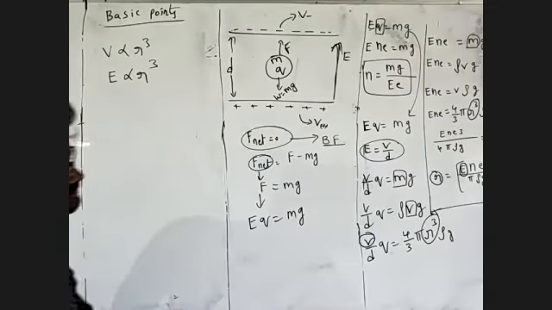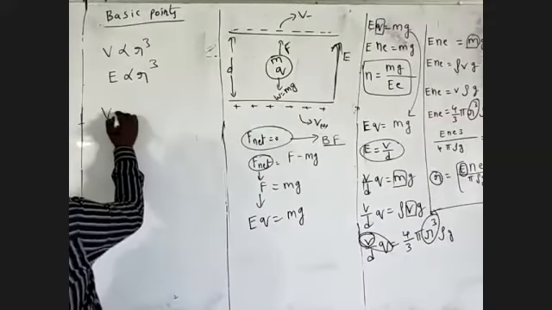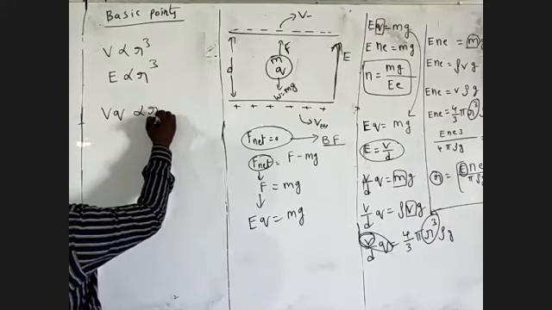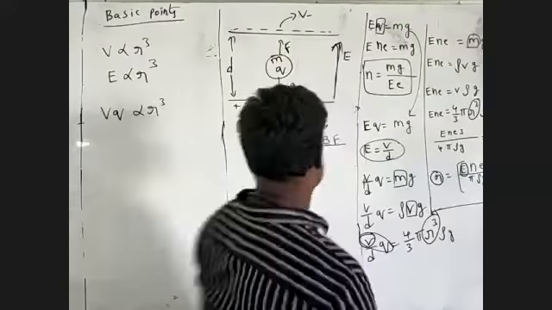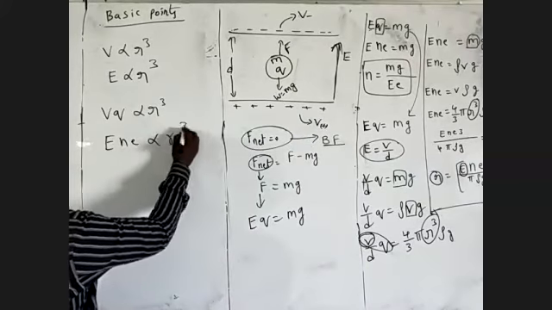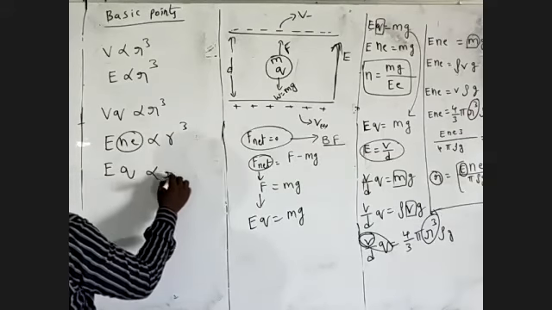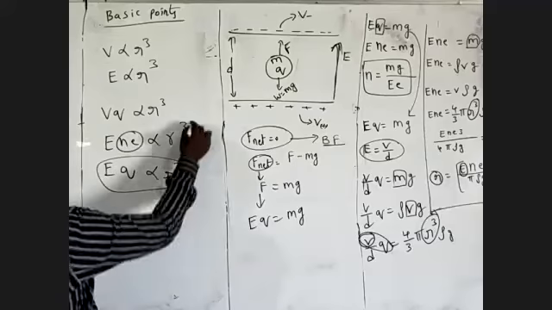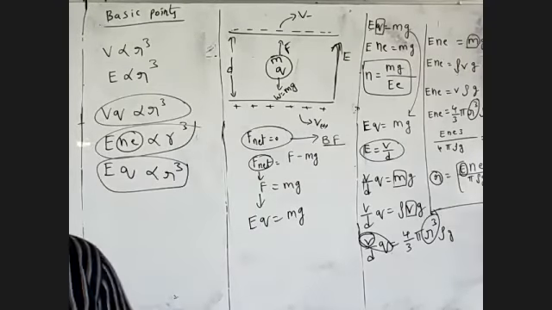So this is ENE, directly proportional to r cube. EQ is directly proportional to r cube. This is your equation from the flow.